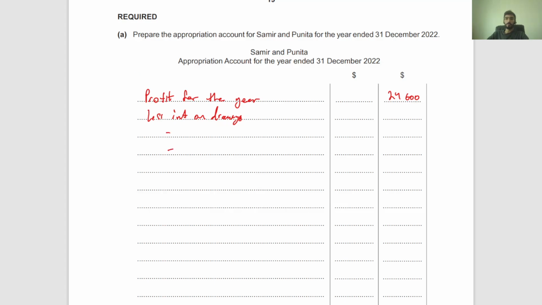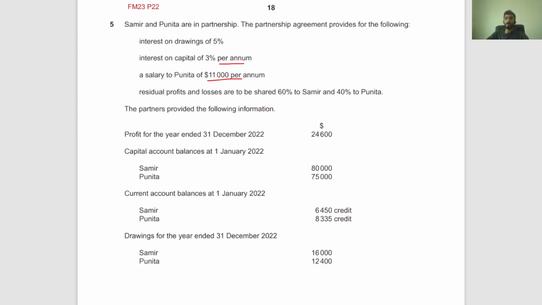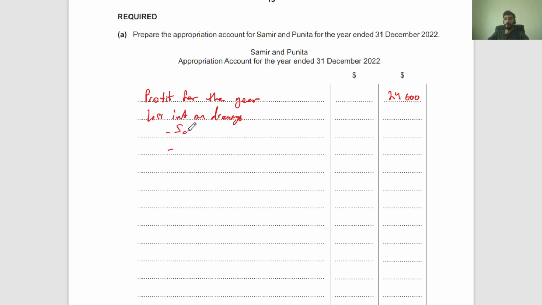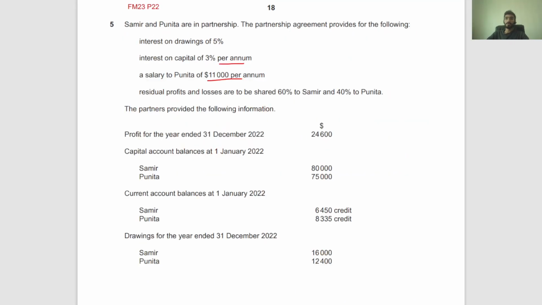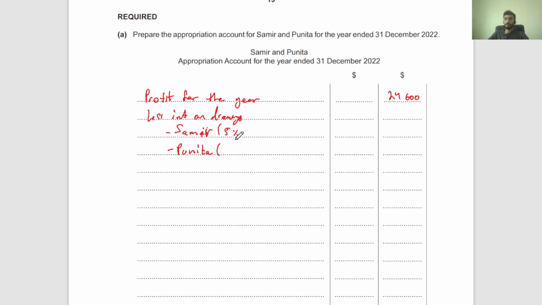We have 2 people, of course, Samir and Punita. Of course, we need calculations. Interest on drawings is 5% of whatever the drawings are. Oh, by the way, I know I did that, but interest on drawings is obviously added.